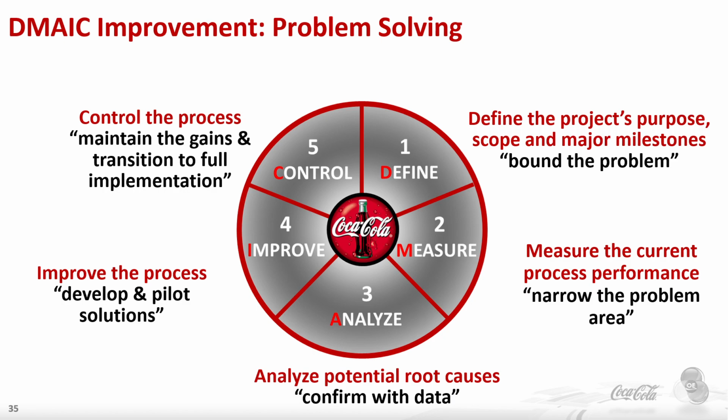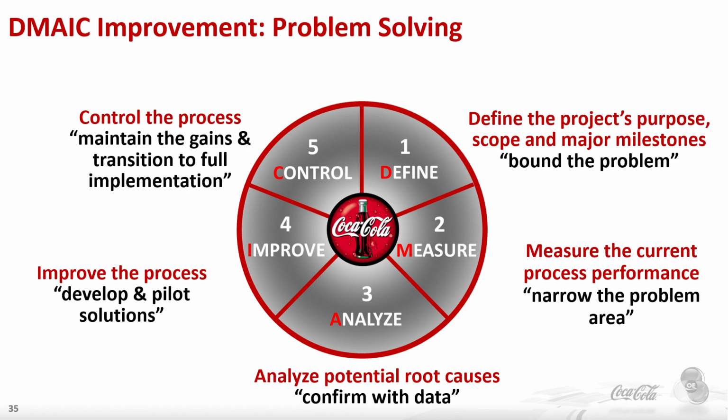Then in measure, the current process performance is measured. So the problem is actually narrowed down, its area is narrowed down to some specific certain boundaries, so that we can work on that specific problem in measure criteria.